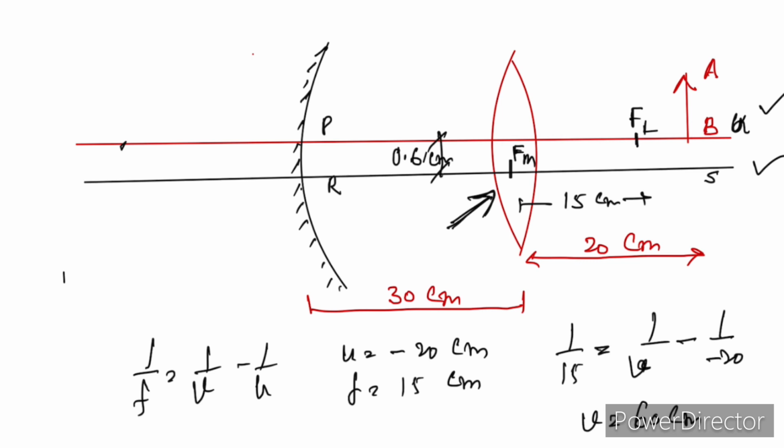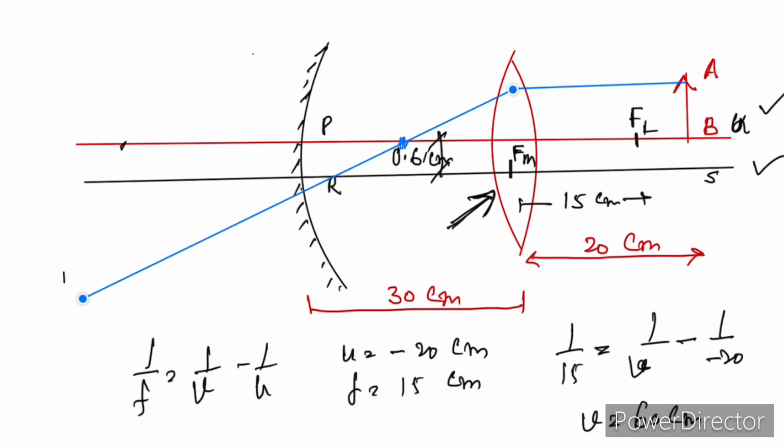Let us draw this image, how it is going to form. Suppose this is the ray which is falling parallel to the optic axis on the lens. Of course, this will go through the focus. Focus of the lens is here. It is 15 centimeter. So it will go like this.